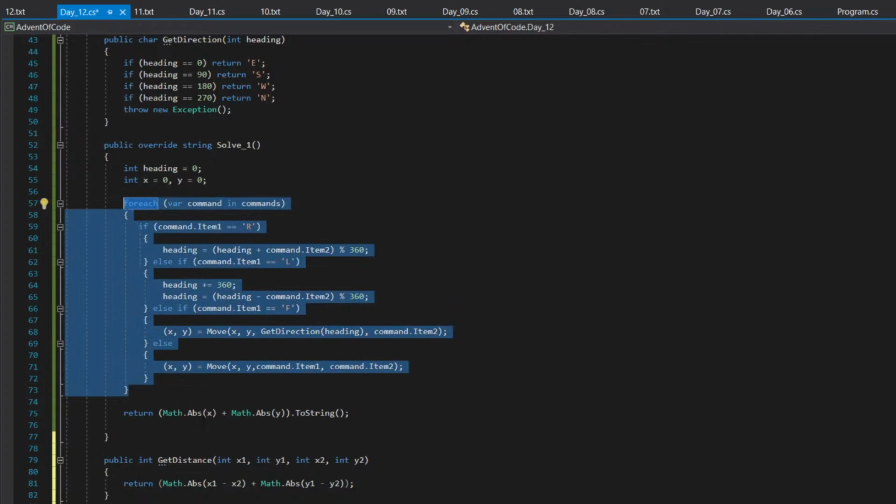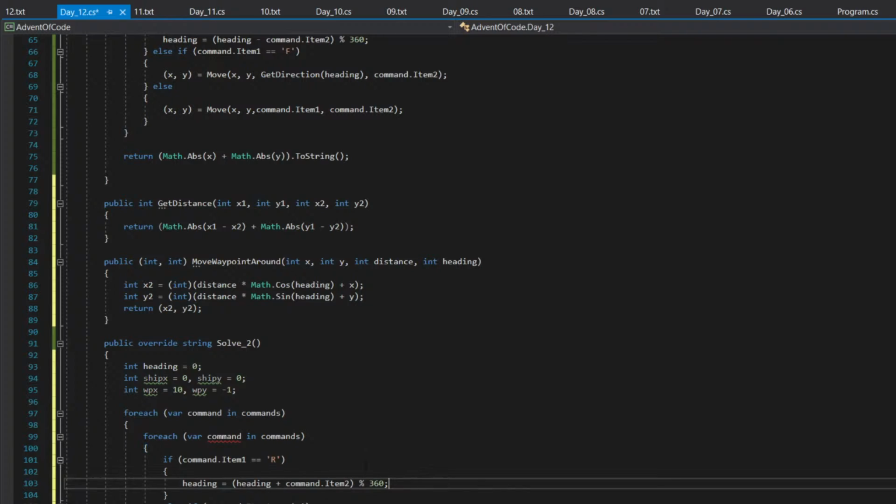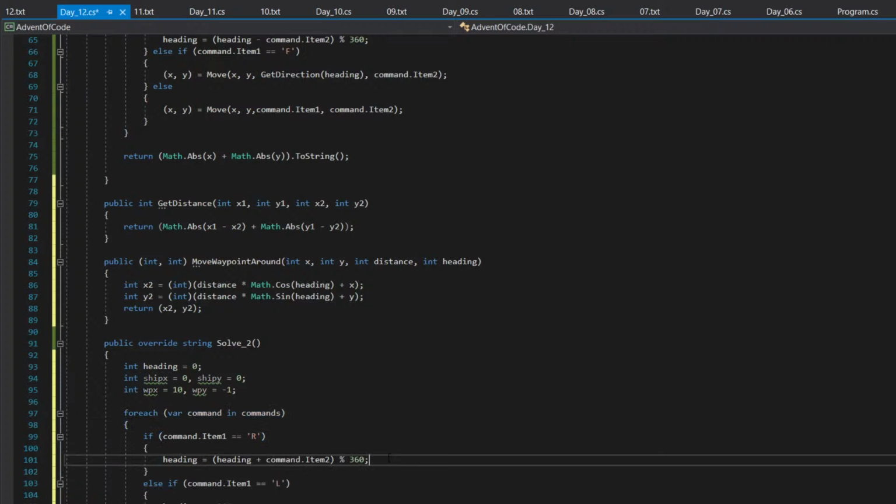Let's do a bit of copy and paste here. So if we move to the right, we want to move our waypoint around.